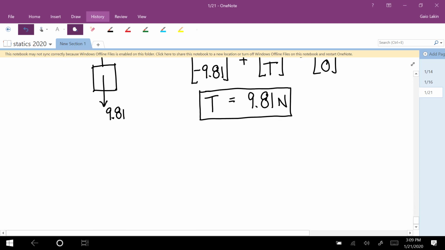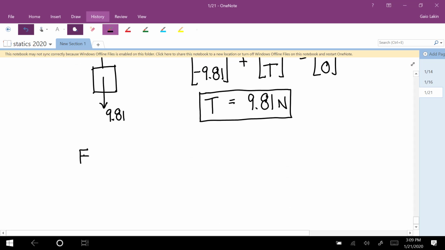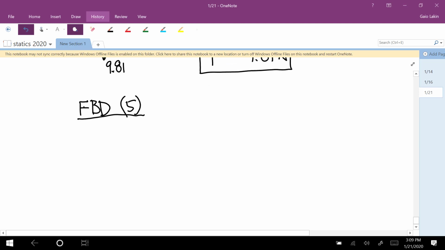Okay, so now go to the free body diagram of the 5 kilogram mass. So there's a weight force of 5 times 9.81, so 49.05.